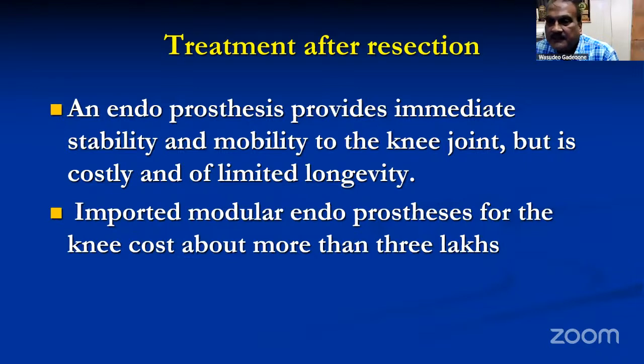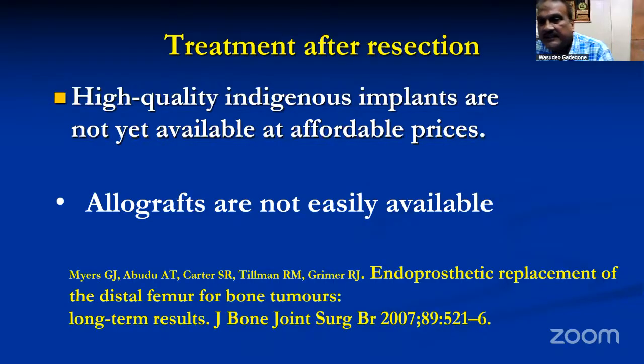Treatment after resection with endoprosthesis provides immediate stability and mobility to the joint, but it is costly and of limited longevity. Imported modular endoprosthesis for the knee costs more than 3 lakhs, and high quality indigenous implants are not yet available at affordable prices.